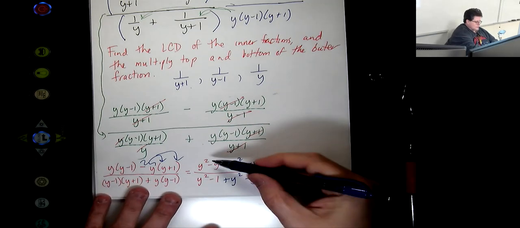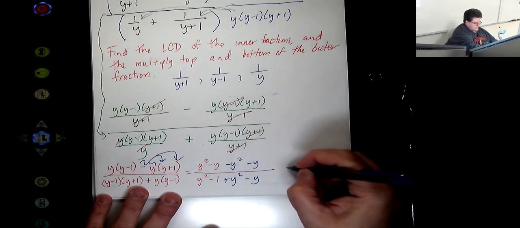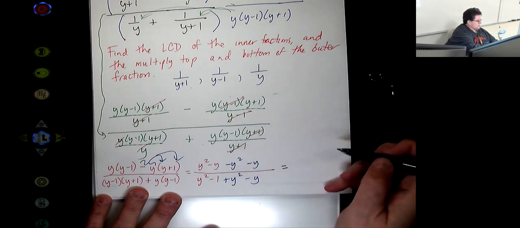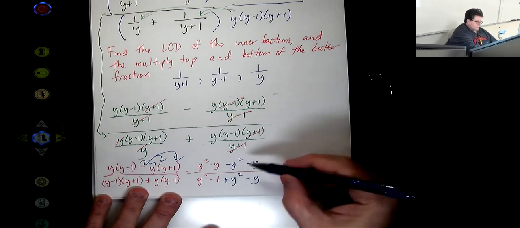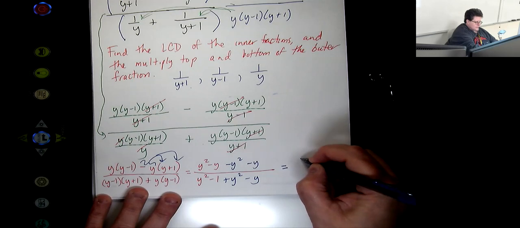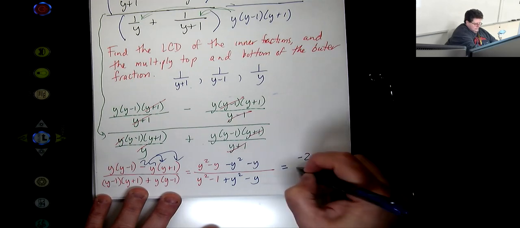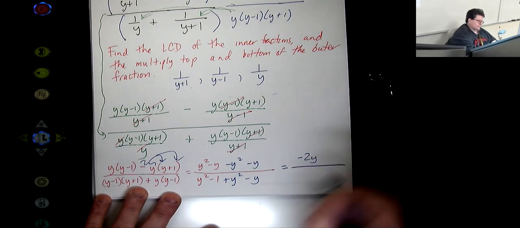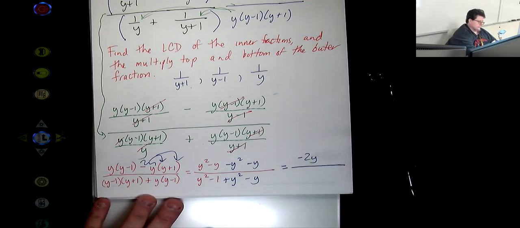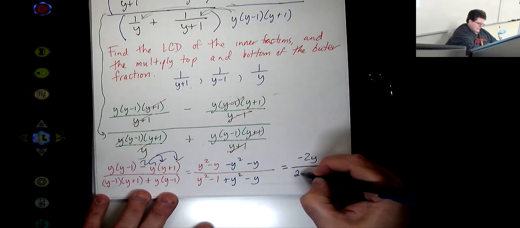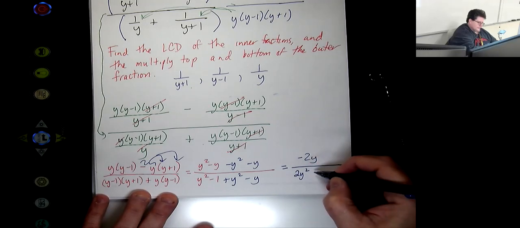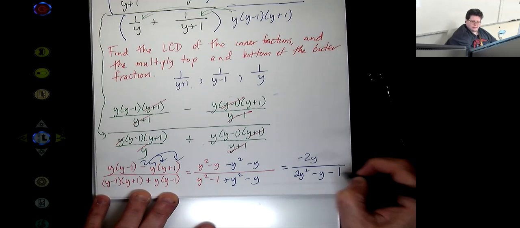So on the top, the y squareds go away, right? Y squared minus y squared is just 0. And I'm left with negative y minus y, which is negative 2y. On the bottom, if I gather my like terms, I got 2y squared minus y minus 1.